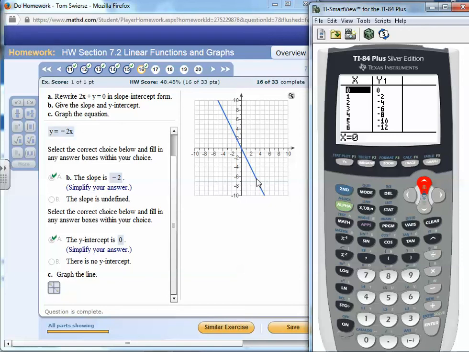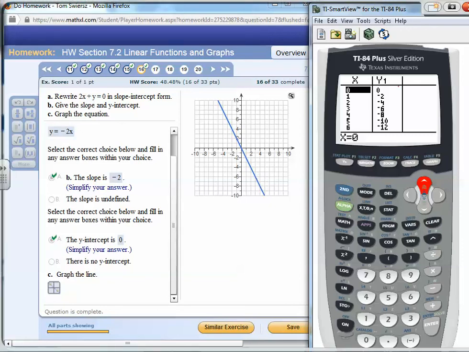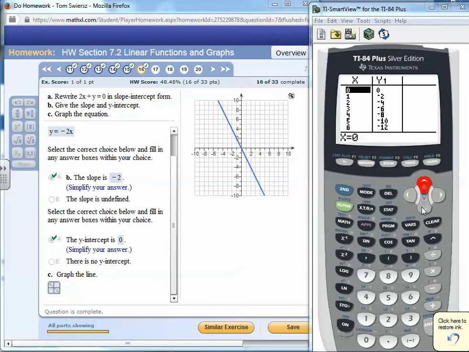This point right here is 0, 0, and then over 1 down 2 was right there. My orientation's off, and it's also on the graph. And again, we get the same points. You can use any of those points. So like if you used 5, -10, you would go over 5 units, down 10, and you'd be on the line. Any of those points will work.